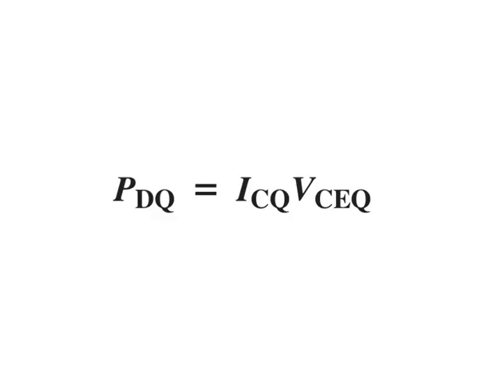DC quiescent power. The power dissipation of a transistor with no signal input is the product of its Q point current and voltage, that is PdQ is equal to ICQ times VCEQ. The only way a class A power amplifier can supply power to a load is to maintain a quiescent current that is at least as large as the peak current requirement for the load current.